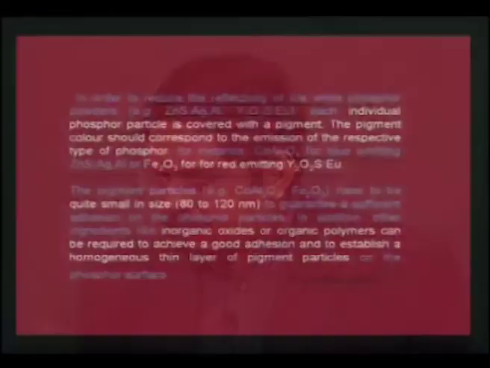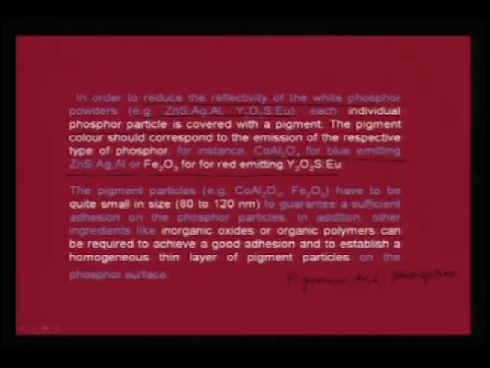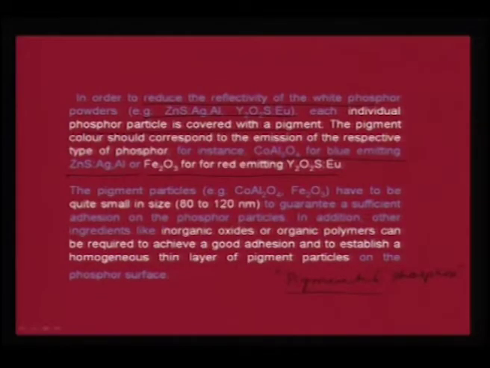So, pigmented phosphors are a very important issue, and here again the pigmentation, as you see, comes from several colored inorganic oxides. For example, cobalt aluminate is mostly a peacock greenish blue combination. Iron oxide is predominantly a yellow brown stuff which is added to control the reflectivity. The pigment particles have to be quite small in size, because they should not be of a comparable size with the phosphor, otherwise the adhesion between the actual phosphor and the pigment will become equal.